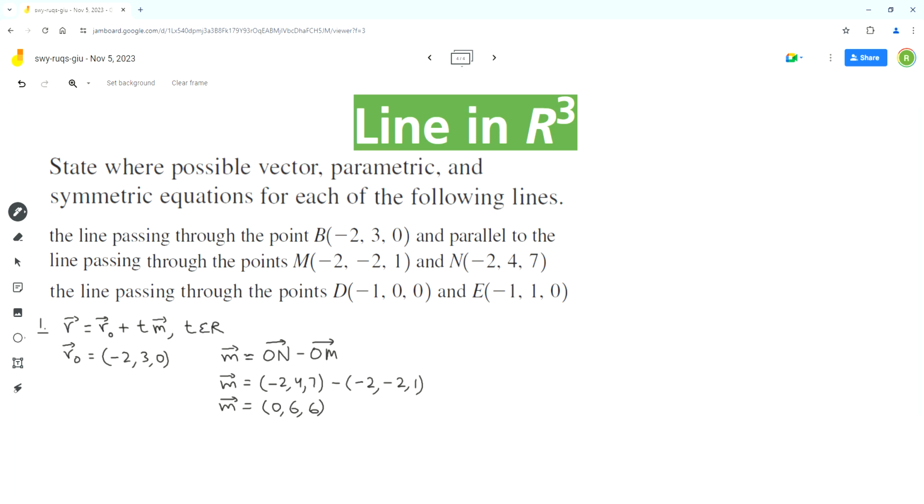This is the direction vector of the line passing through points M and N. We can reduce this direction vector by dividing each component by 6. We get 0, 1, 1. We can use either of these two direction vectors because direction vectors can be scalar multiples of each other. So the direction vector for our line is 0, 1, 1.